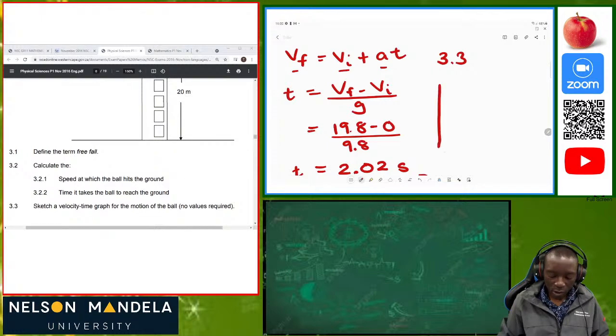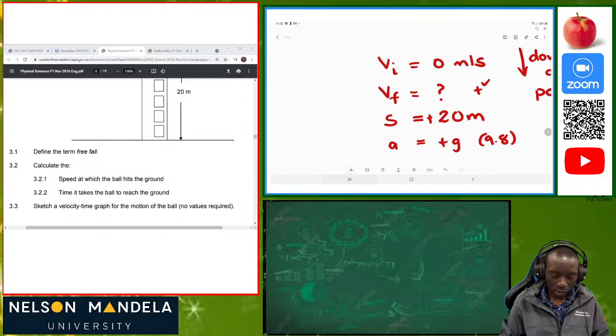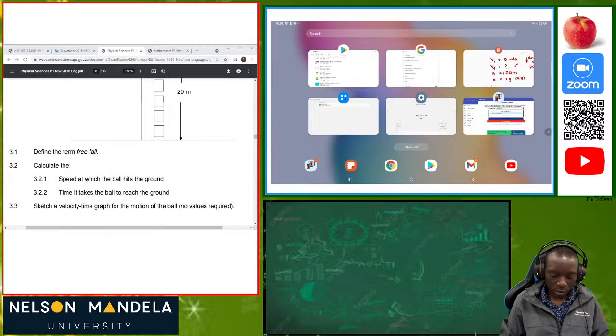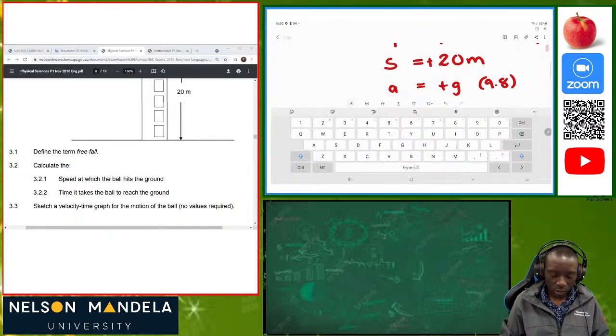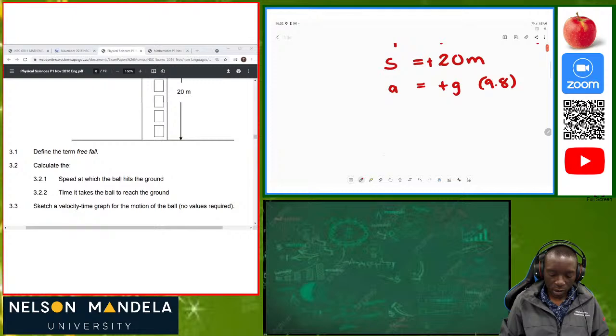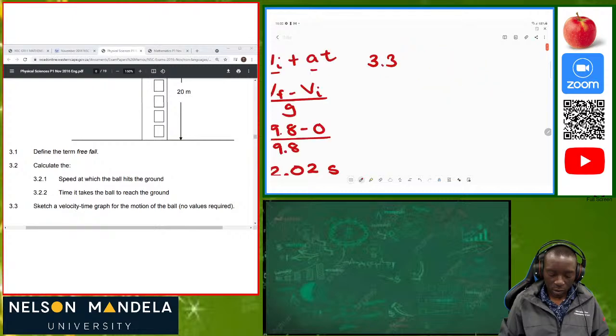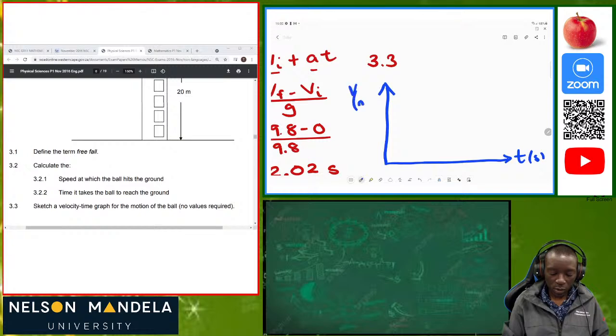Let me use a different color, like the blue. So it's called a velocity versus time graph. So you have your time in seconds on that axis and velocity in meters per second on the vertical axis.